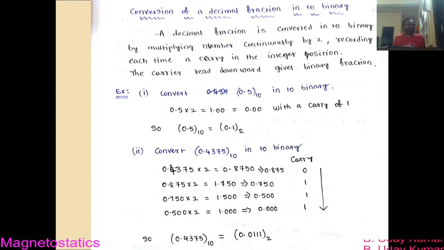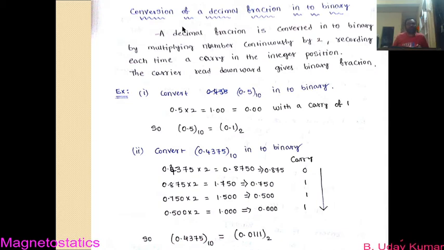That is what we have done. But here, in case of a fraction, you should not divide the decimal fraction that is given to you, rather you have to multiply with 2. So that is quite opposite to the conversion that we already dealt with in our previous slides.